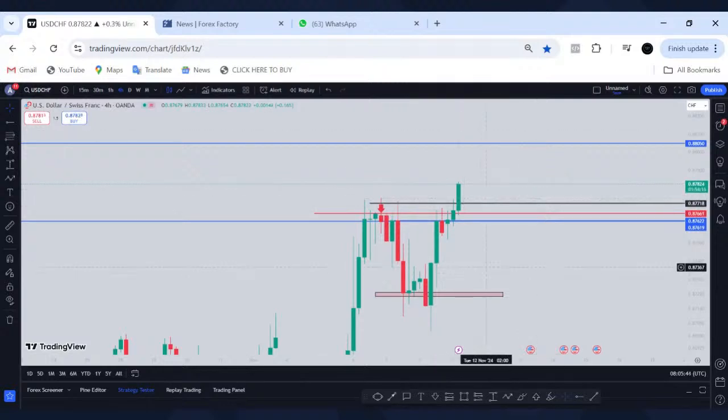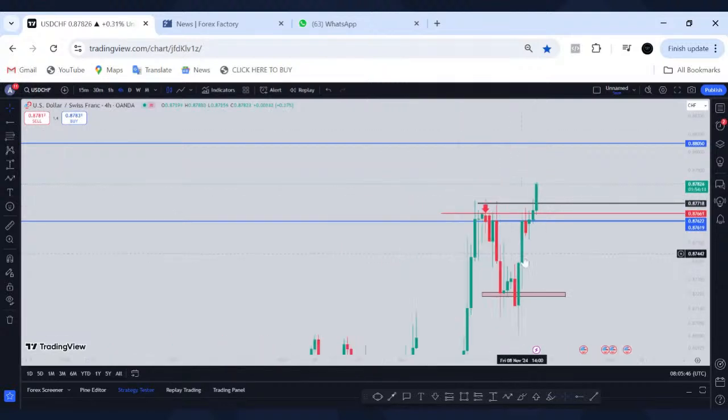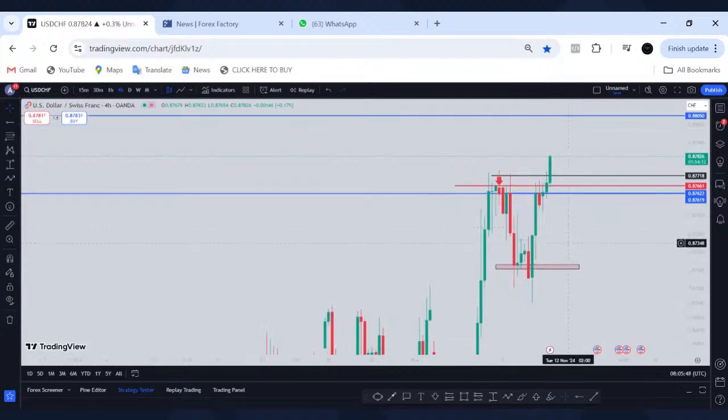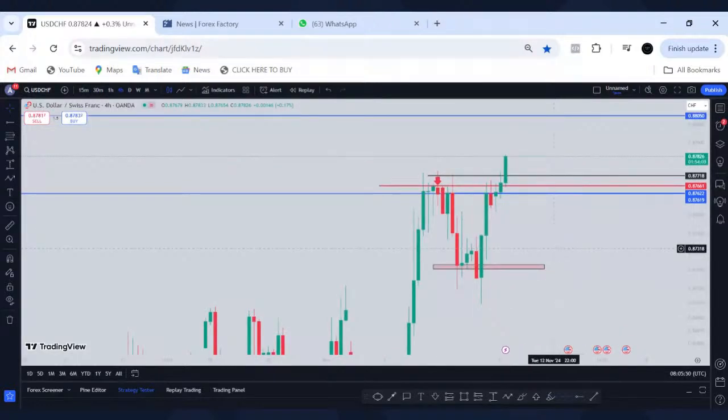Breakout normally happens in the market, but that's not my favorite one. I normally like break and retest. Break and retest is my thing, not a breakout.